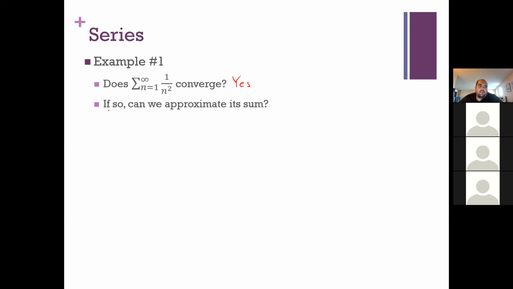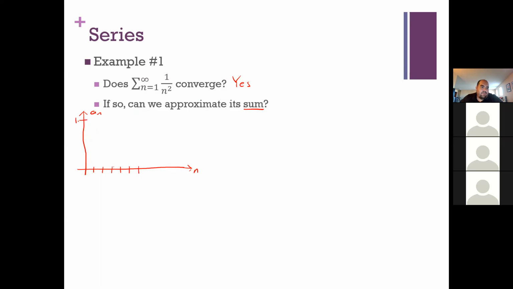But now what we want to do is approximate its sum. So let's do this. I'm going to draw a graph of the first few terms in this series. Let's do 1, 2, 3, 4, 5, 6. So I know this converges. This might be my n-axis, and this will be my a sub n.